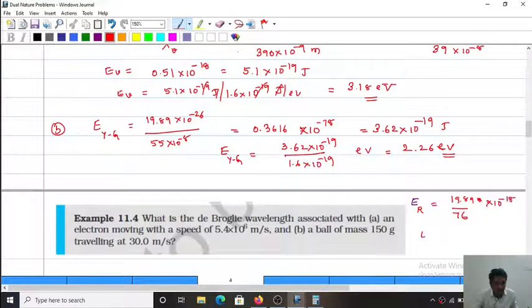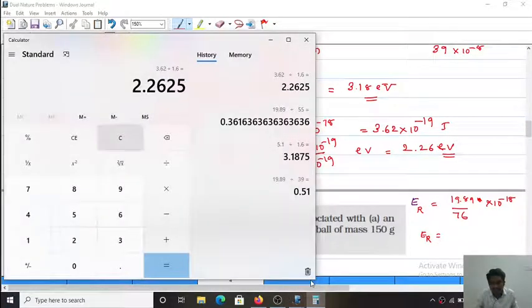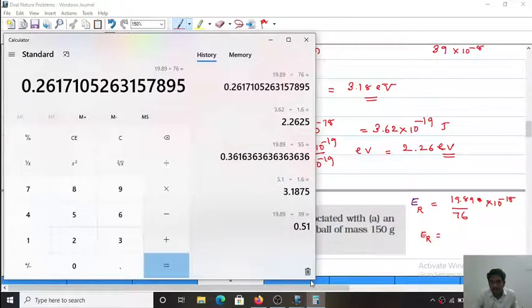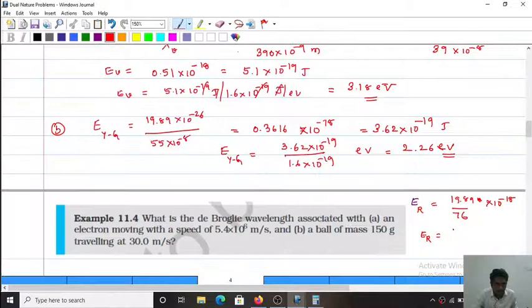So what we got in electron volts, first I need to simplify it. 19.89 by 76 is equal to 0.2617, about 0.262 into 10 power of minus 18.